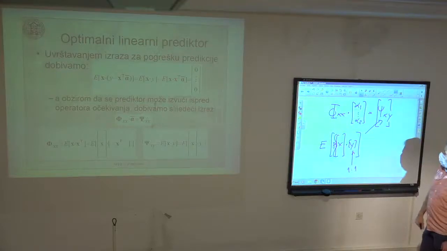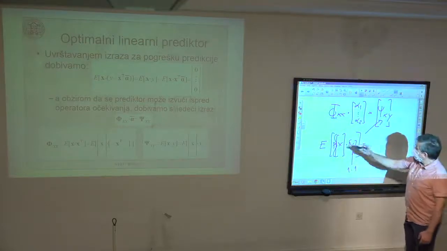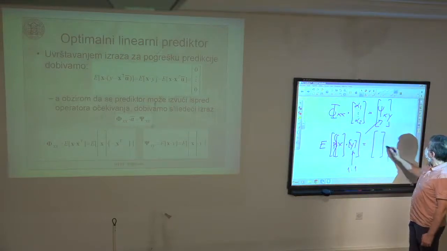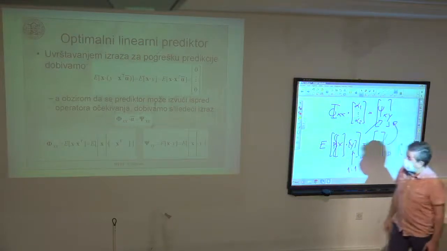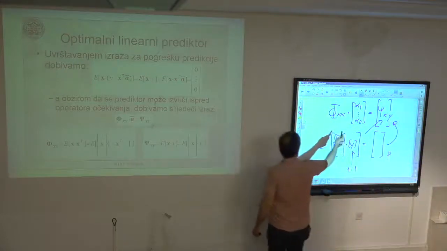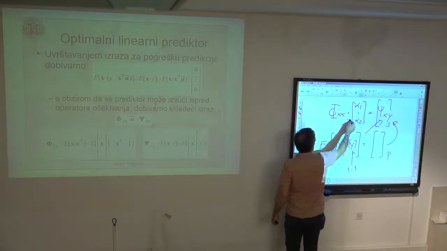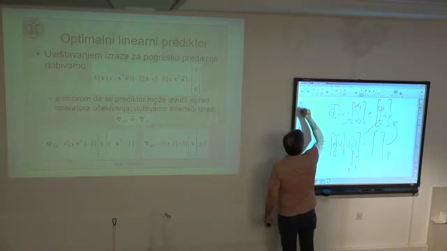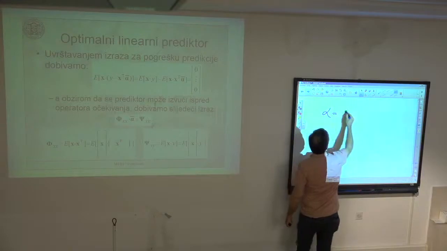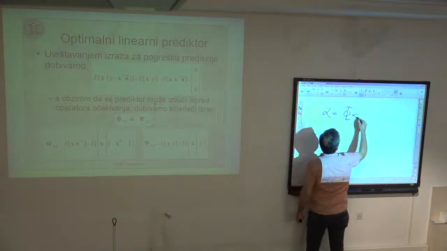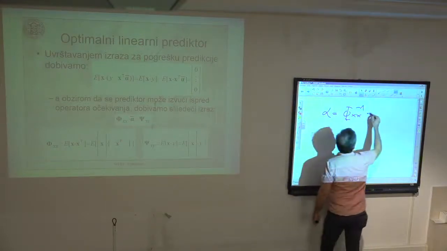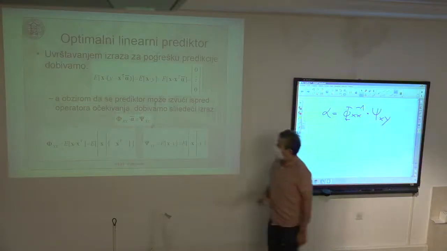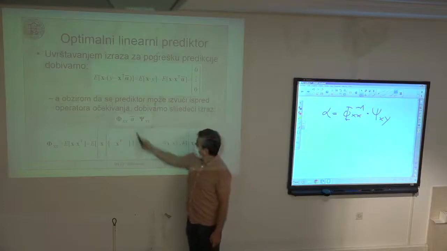For that reason, this expected value is a column vector with p elements. To find the solution, I have to invert the matrix phi xx. So alpha would be phi xx to the minus 1 multiplied by psi xy. That is the optimal predictor.